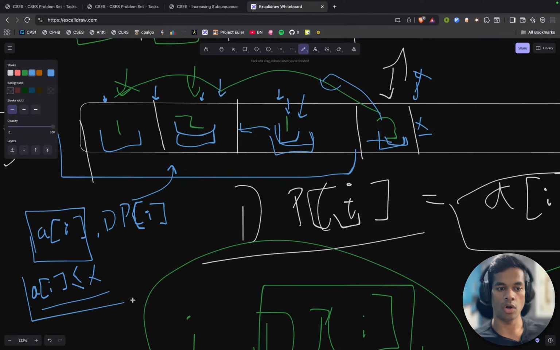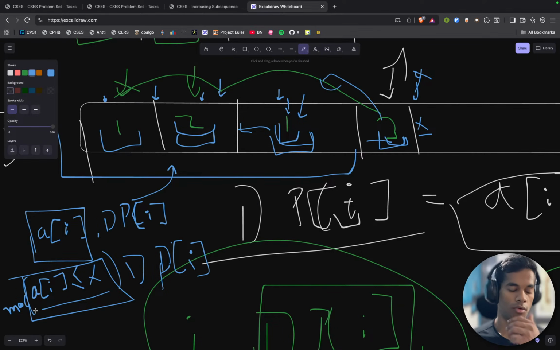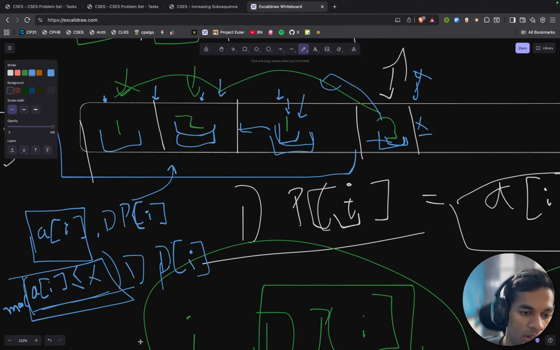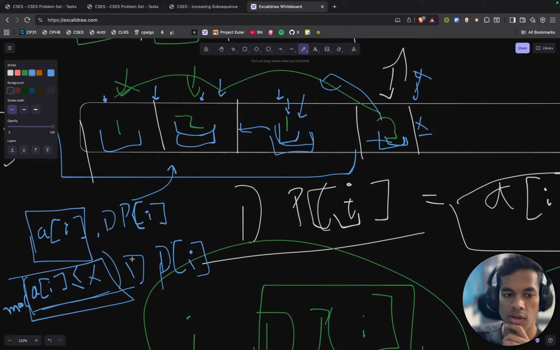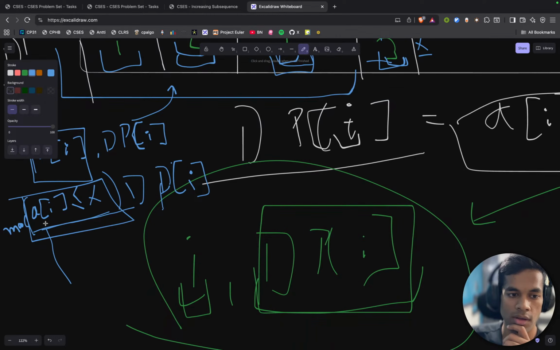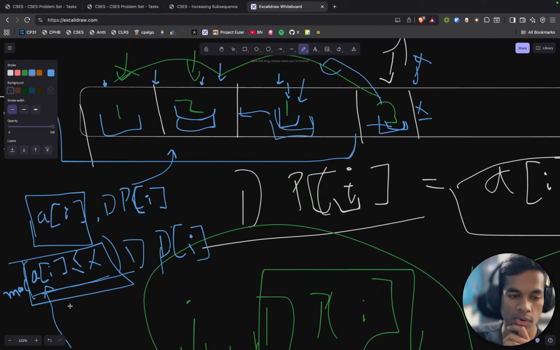And for all of these I want the maximum dp, for all the numbers for which this thing is true. And using a set, I would be able to find for which numbers this thing is true.